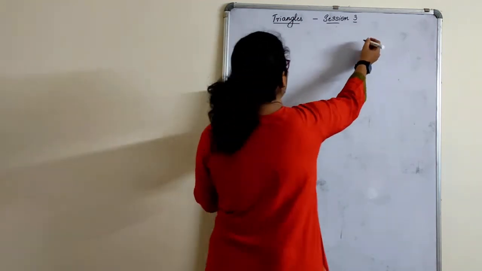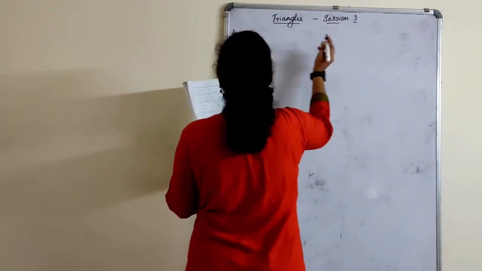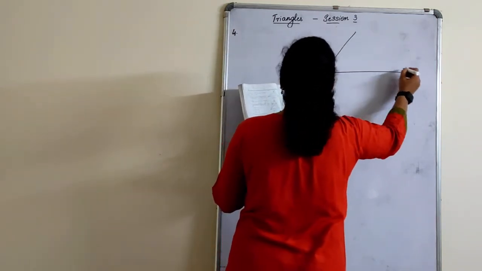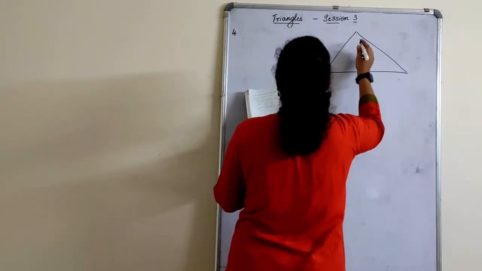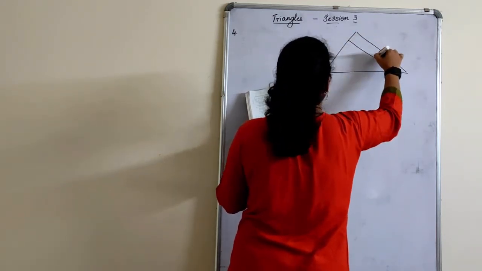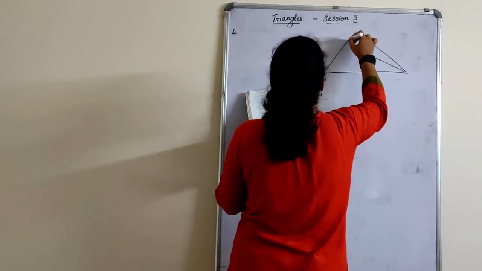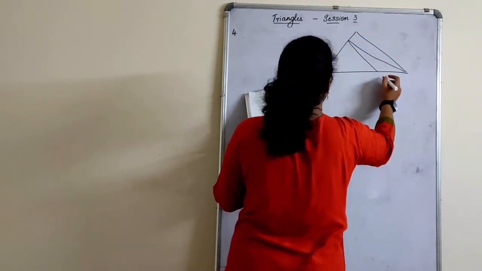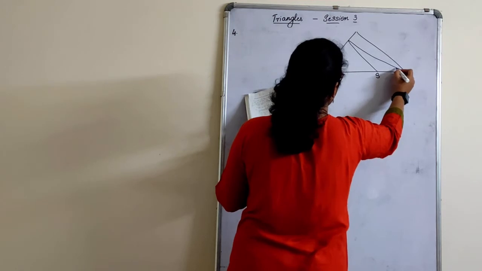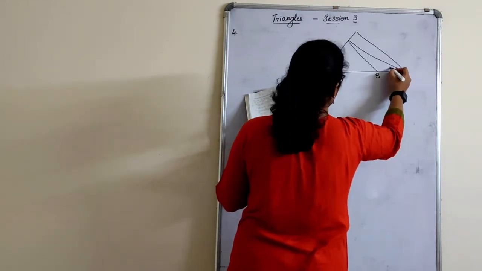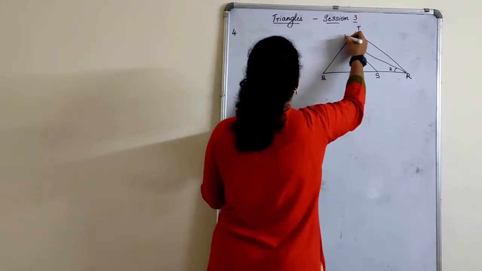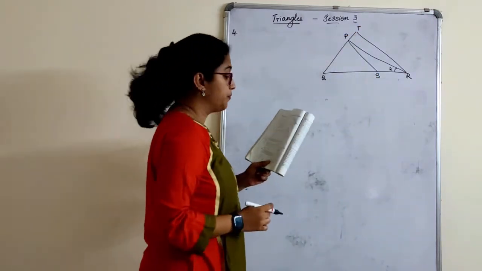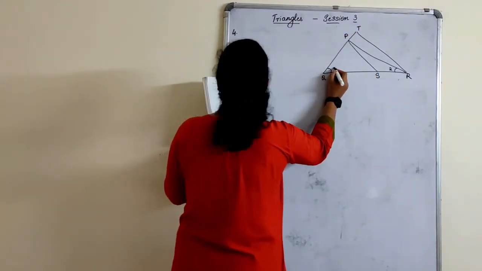Fourth one, the given figure is: this is Q, this is S, this is angle 2 and this is R, T, P. This is angle 1.